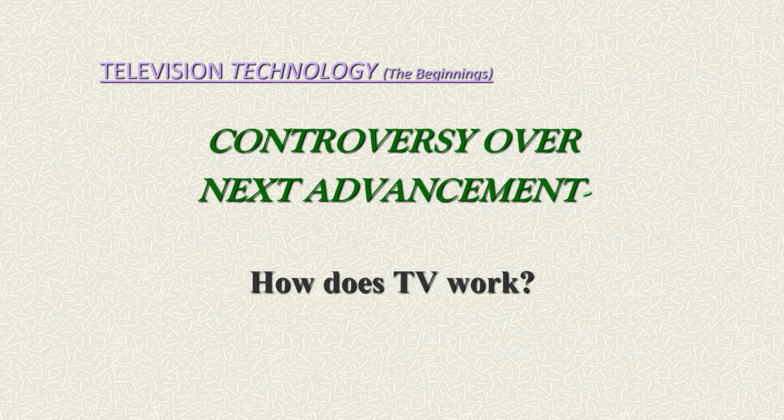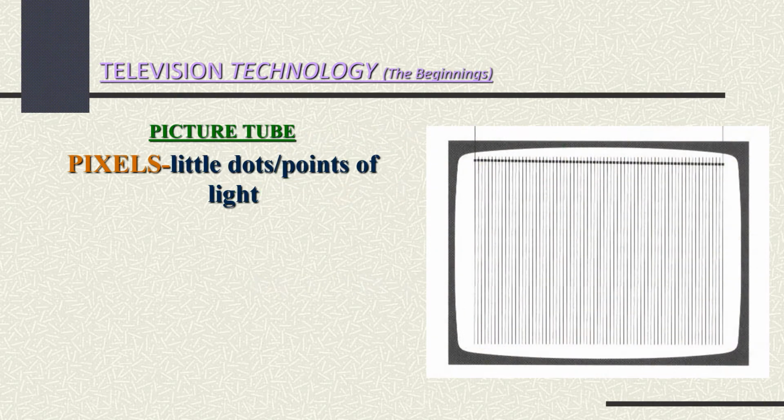How the new television technology began, there has been a level of controversy to this, but to understand the controversy, we have to look at really how television works. If you look at a television screen, it is not one solid picture.